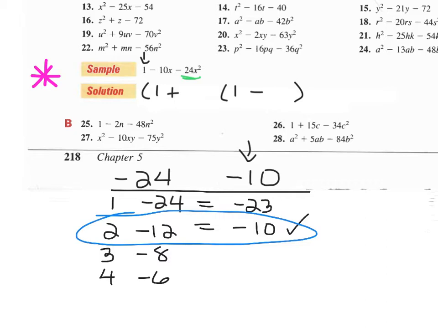So this is why I recommend foiling your answer, because if you would have chosen this one thinking this was the correct answer, foiling would have caught the mistake. So I'm going to put the 2x here and the negative 12x here. Because remember, we were trying to make negative 24x squared. So when I foil that and do the last, I do get the negative 24x squared.